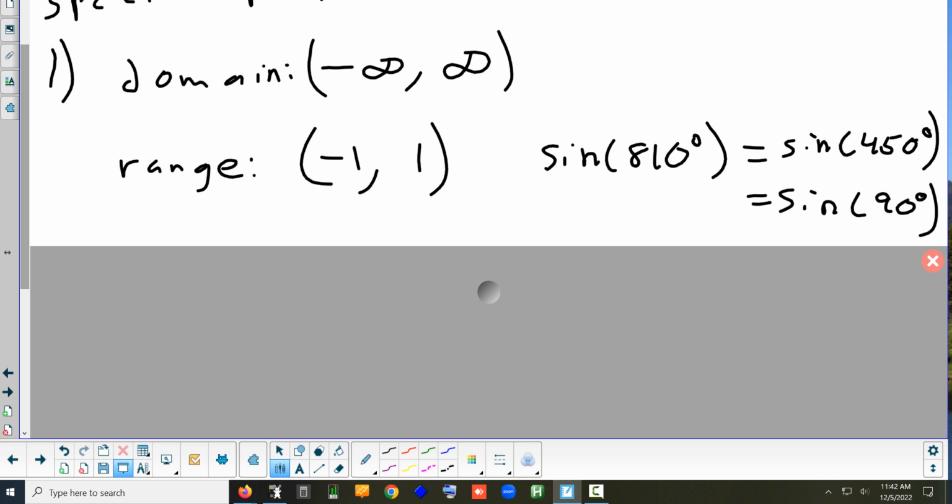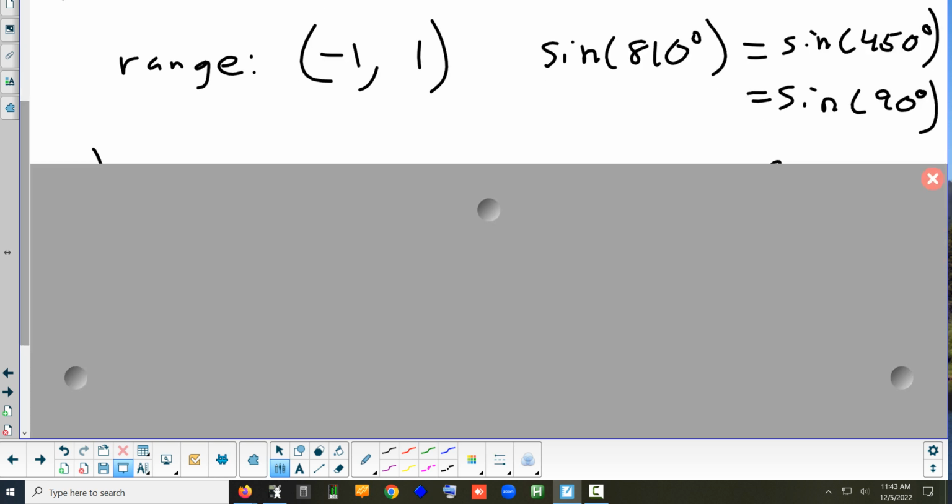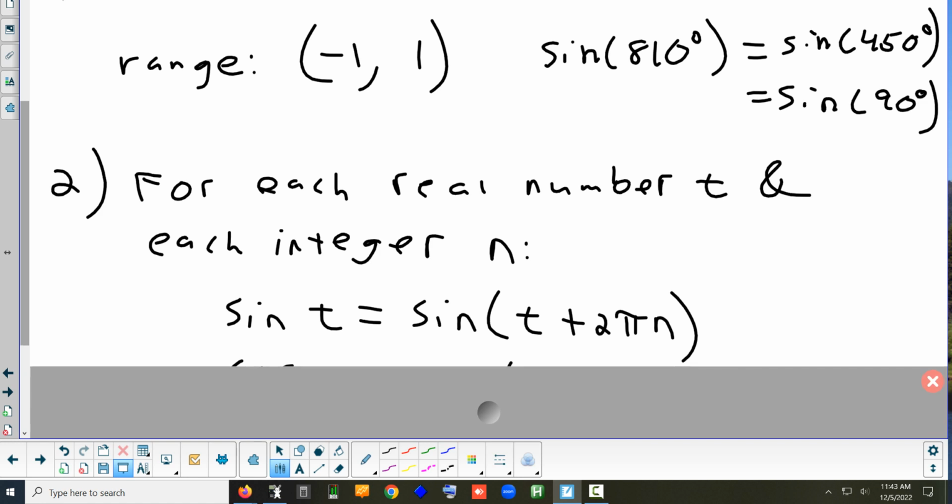So you can add or subtract what again? 360, or in radians, that is 2 pi. So if you take the sine of an angle, or the sine of an angle plus any multiple of 2 pi, it will come out exactly the same.